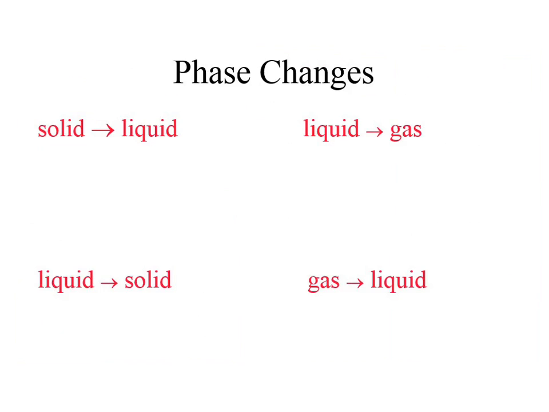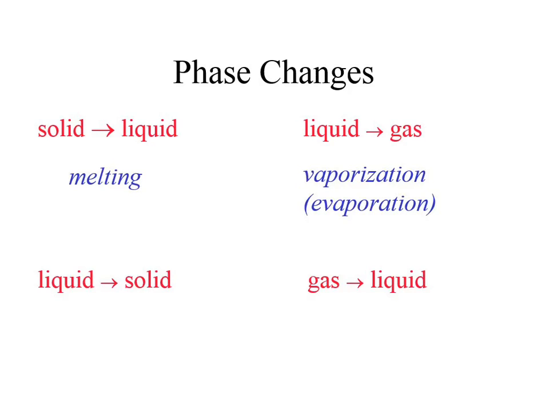Okay, so let's make sure we're all on the same page with regard to physical phase changes. Something goes from a solid to a liquid, we would call that melting. That's endothermic. If something goes from a liquid to a gas, we would call that evaporation or vaporization. If something goes from a liquid to a solid, we would call that freezing.